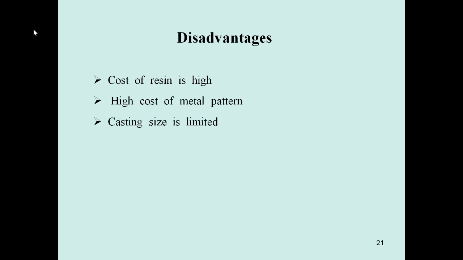Next one is the application of shell molding. Where we can apply this shell molding, we can discuss now. Shell molding is used for making fine castings of ferrous and non-ferrous metals. The process is suitable for all casting metals.